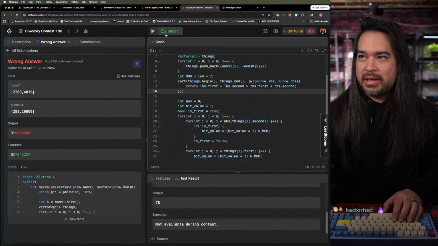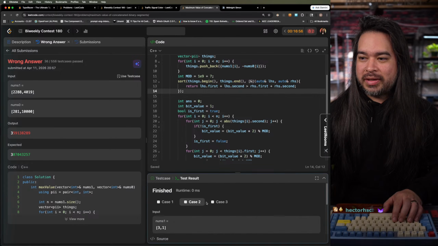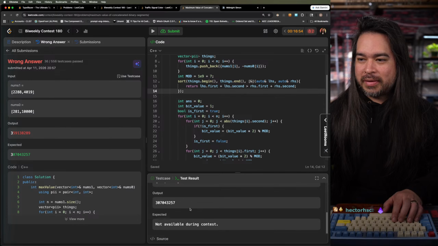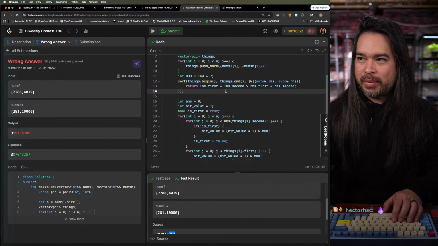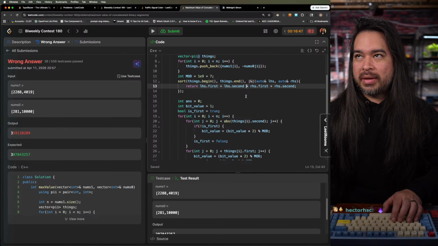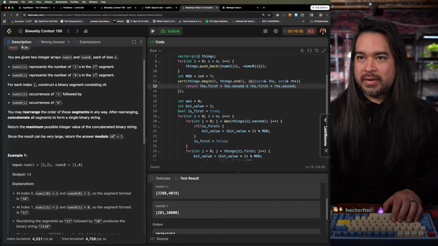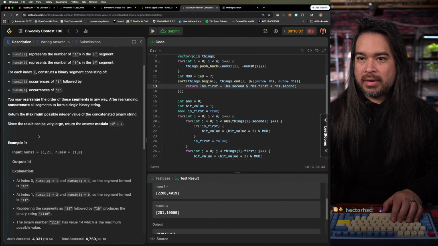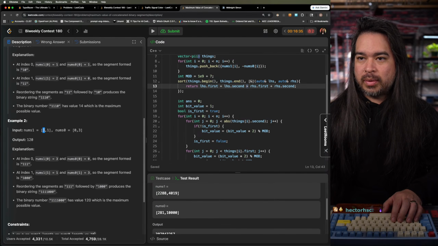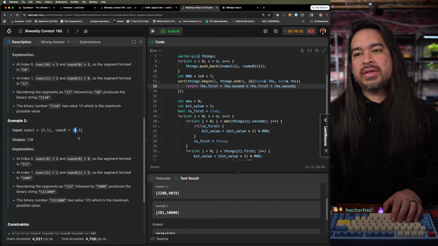Alright, so when I did it, let me try and see if I can come up with a solution here. So this answer is right when I'm sorting it this way, like reverse sorting it. So that means we process this one first, but then it breaks example 2, probably because there's a 0 there.